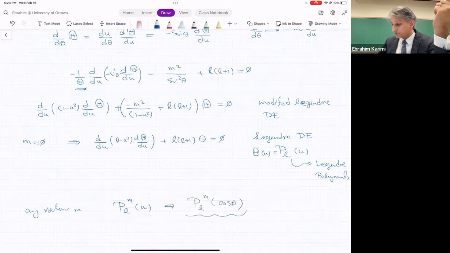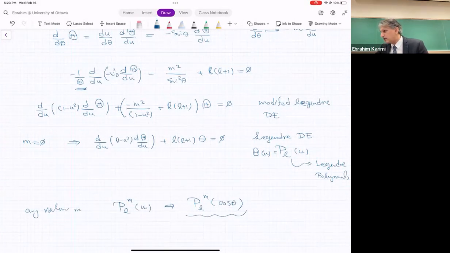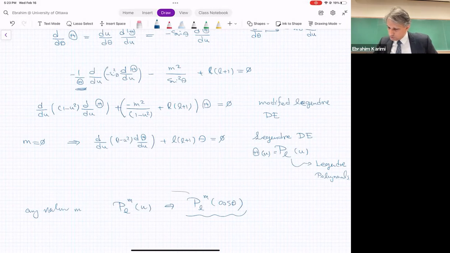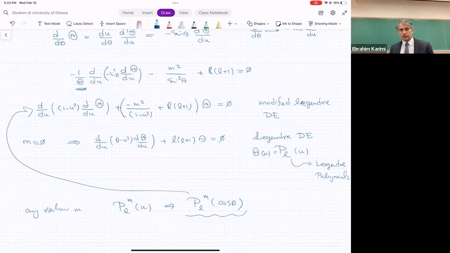They call it the modified Legendre polynomial. That will be a solution to the differential equation that we had. Remember, the solutions are polynomials. You can get it from the Frobenius series technique, the same approach that we tried.